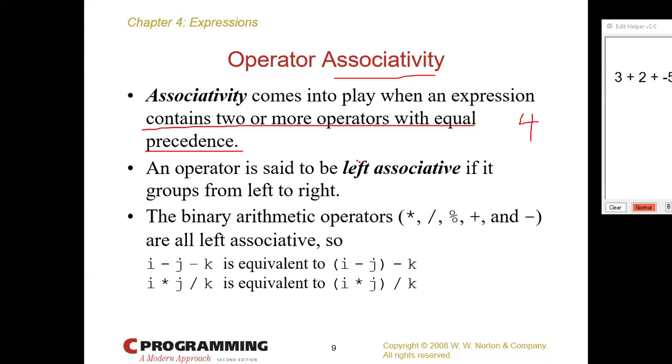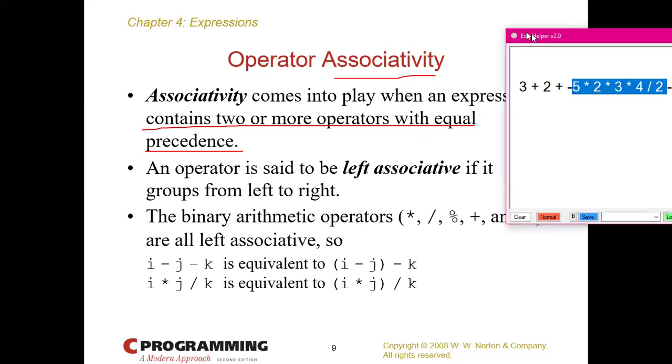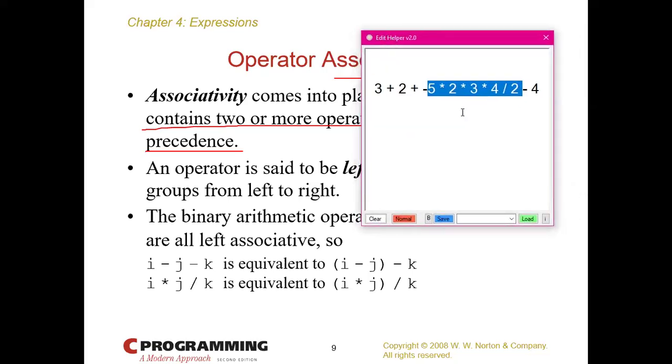Associativity tells us that with operators of the same level of precedence, we can solve the operation either from left to right or from right to left. This is the meaning of associativity.